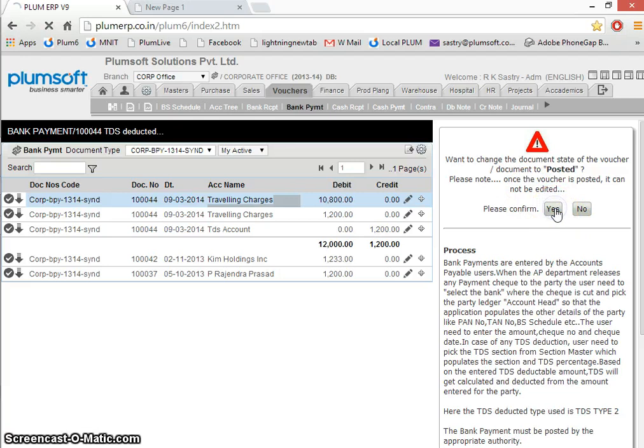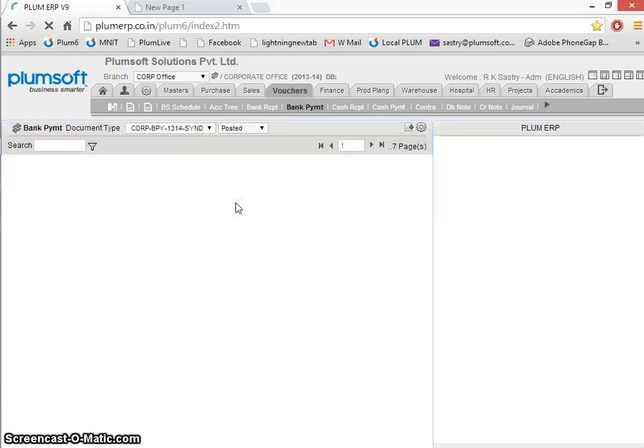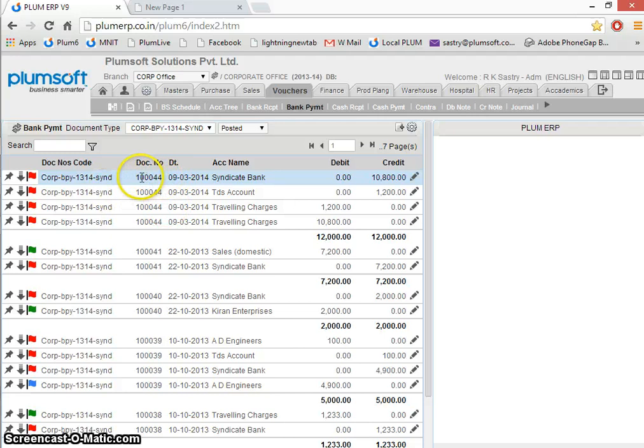So let us commit the transaction, and now the voucher is posted. You will notice that the same thing has vanished from here, but it went into the posted record status, where you will notice the 1,44,000 is there. Syndicate Bank is credited with 10,800 only, because that is the amount for which we write the check, and you will notice the JV has tallied in all respects.